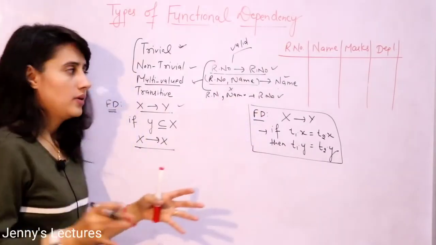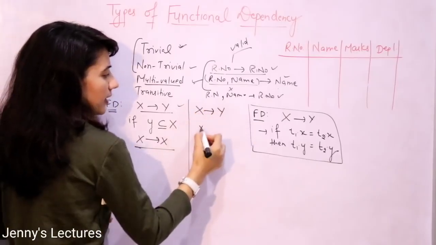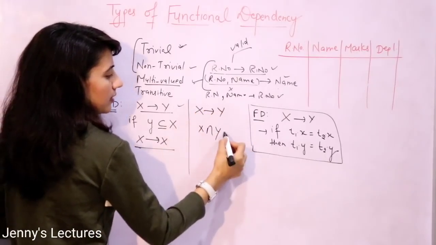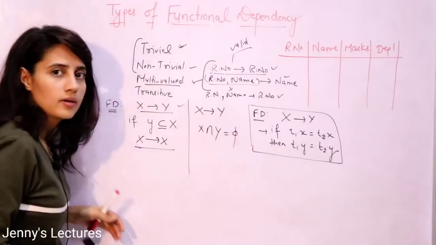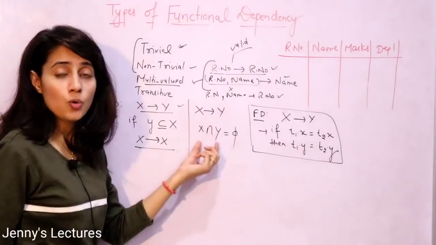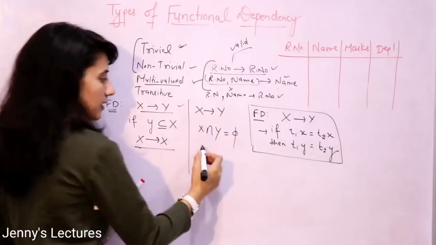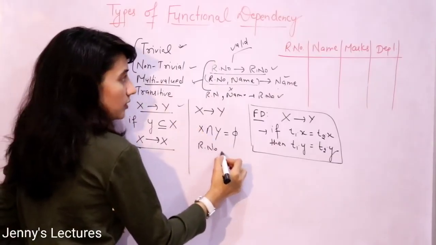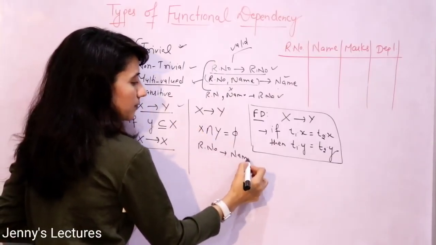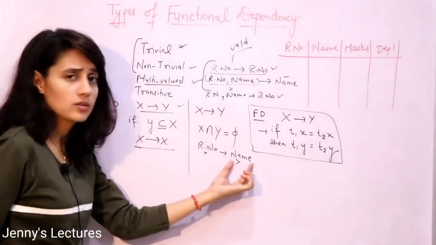Now what is non-trivial? In this case X determines Y, but X intersection Y is equal to phi. There would be nothing common in X and Y. That is non-trivial functional dependency, right? Like if I say here roll number determines name, this is X, this is Y. If you take the intersection of this and this, nothing is common.